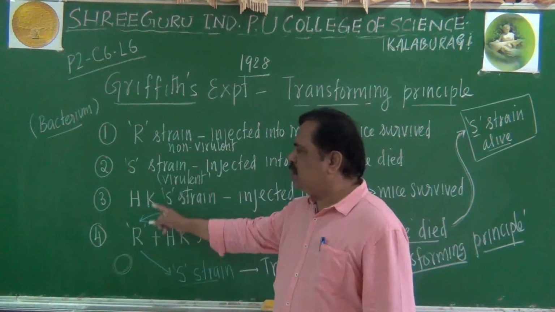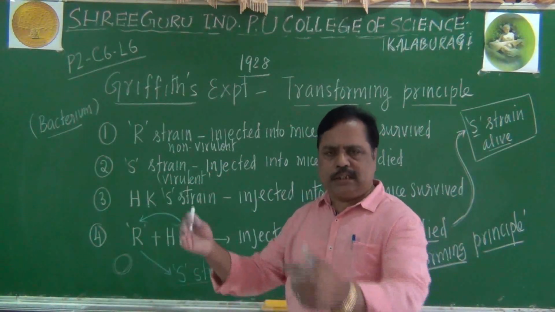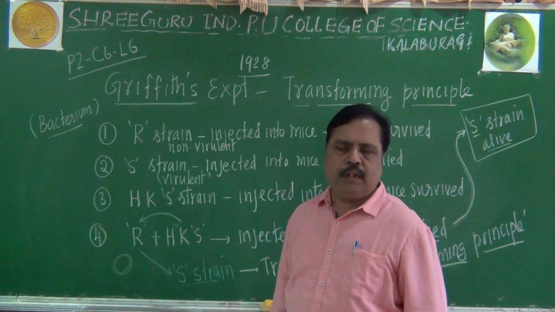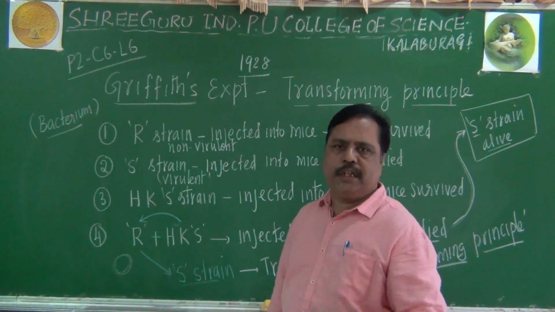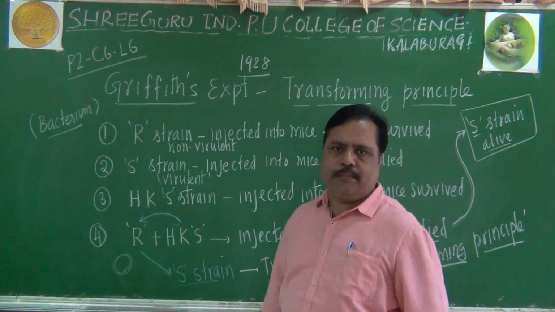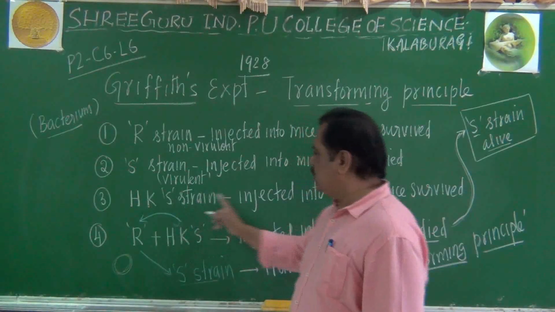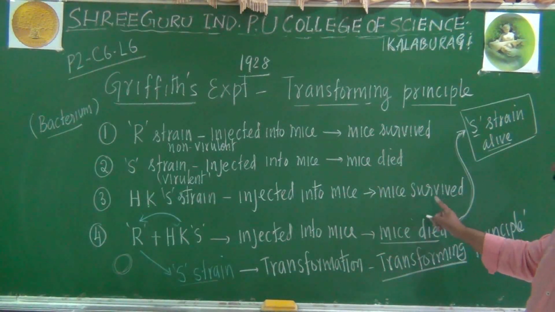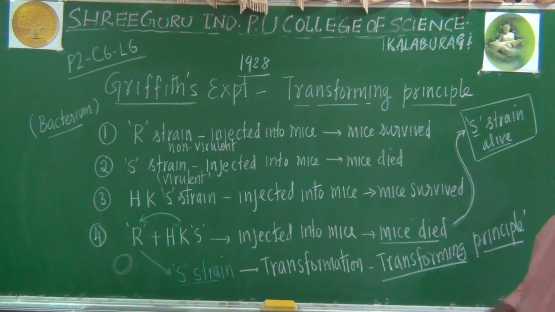When S strain is taken and killed by heat, that is called heat killed S strain, or it has become a dead bacteria. When that heat killed S strain is injected into mice, the mice survived. It did not get any disease.